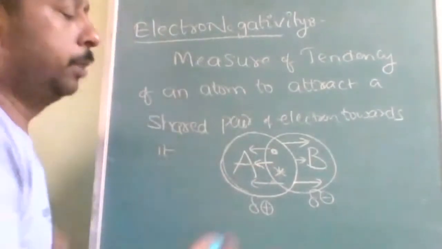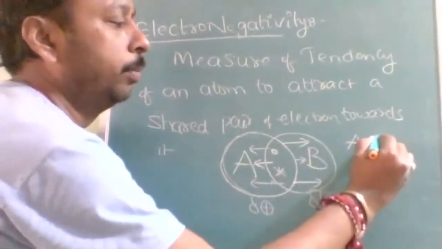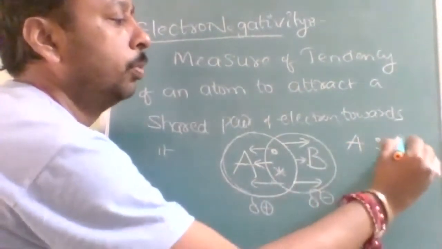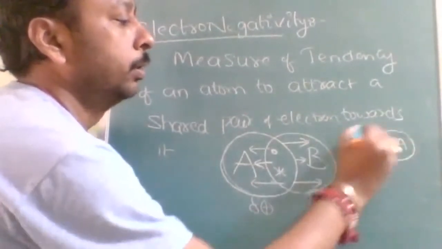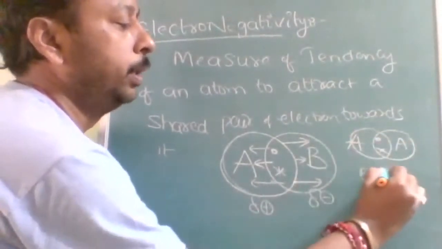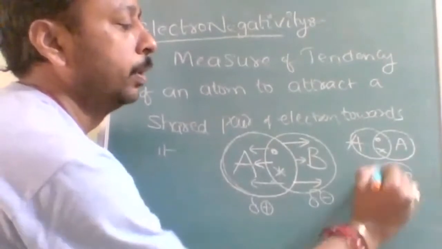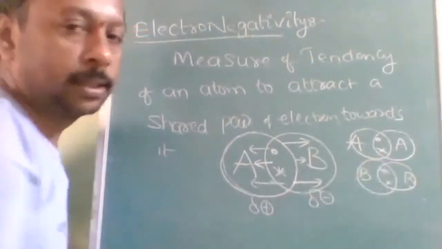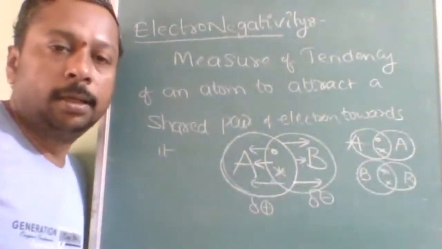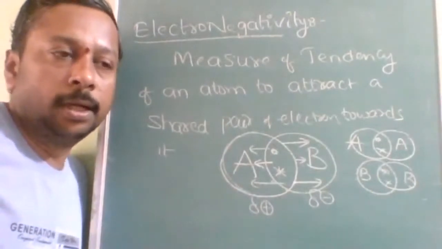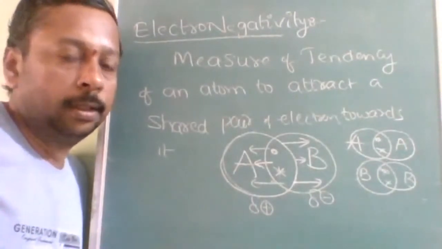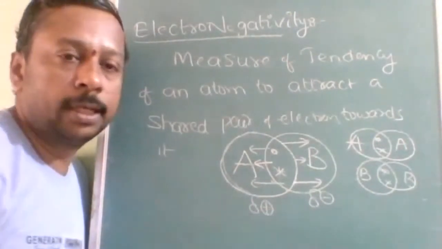It is possible only with homoatomic atoms, that means both are A, or both are B. So heteroatoms will be generally covalent, not 100% covalent, and positive and negative charges come.